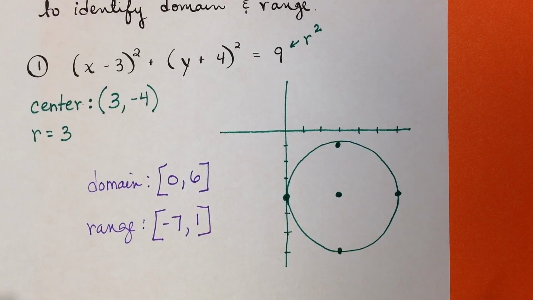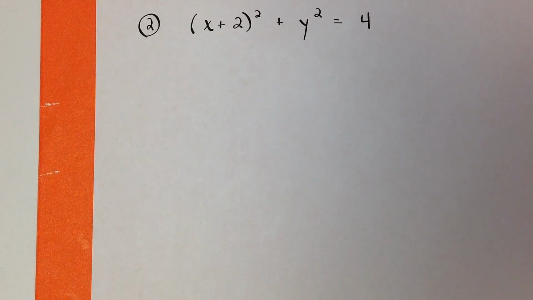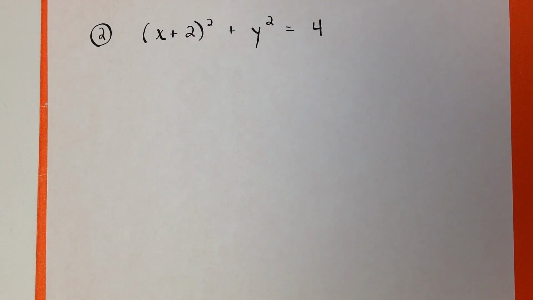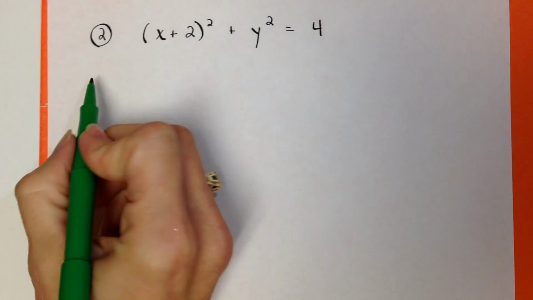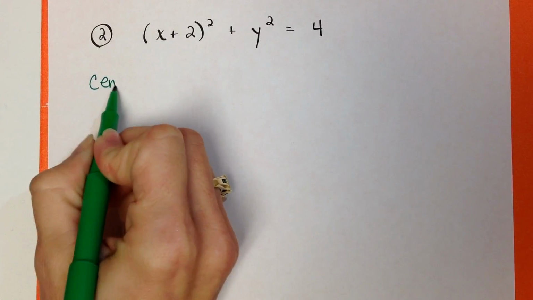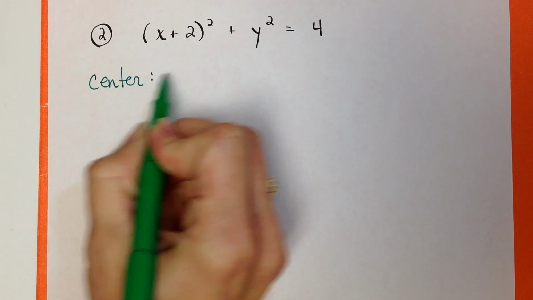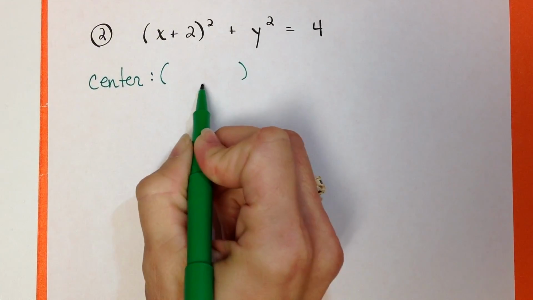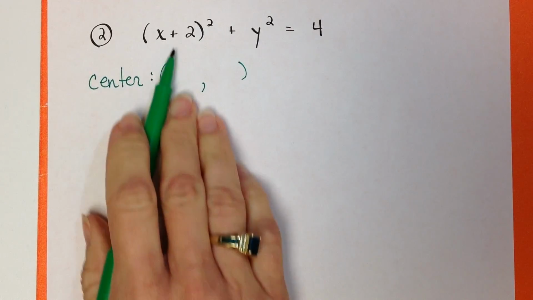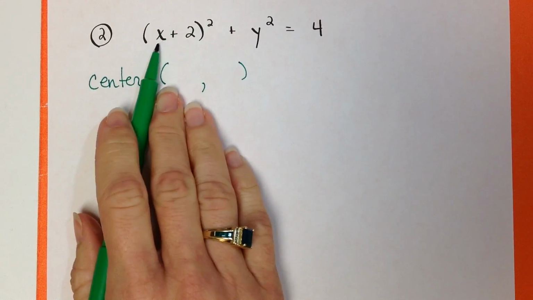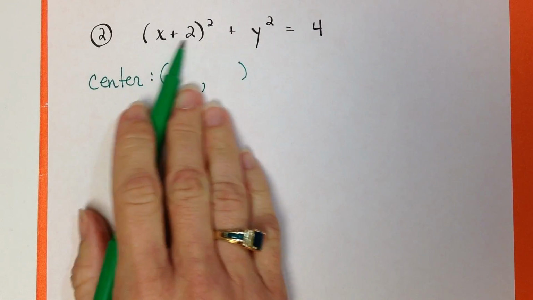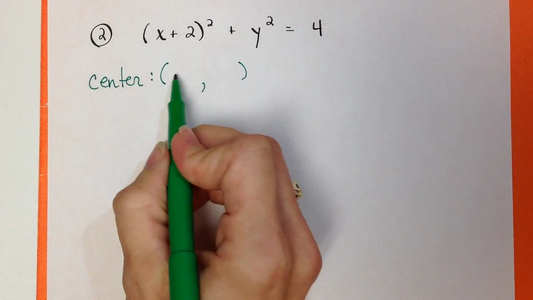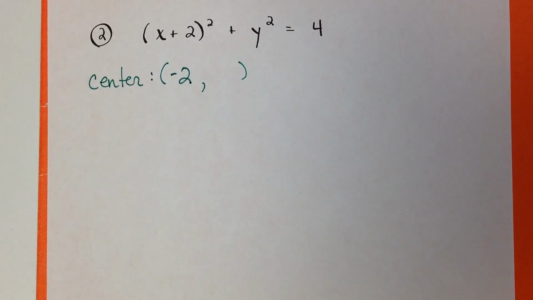Alright, let's look at one more like this. Alright, so we'll start off again by identifying our center. Okay, so for your x coordinate, you go here where your x value is. You have a +2, change the sign, you have -2.